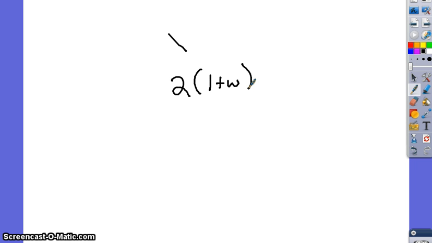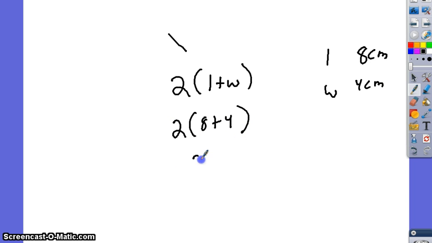So if the length is 8 centimeters and the width is 4 centimeters, then 8 plus 4 is 12. So the answer is 24 centimeters. And actually what this formula is, is the perimeter of a rectangle. 2 times the length plus 2 times the width. And we can do that.